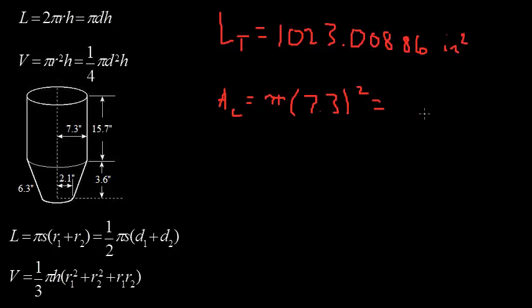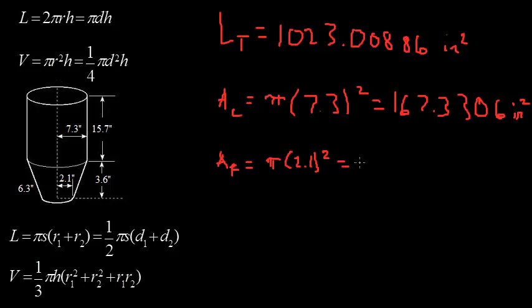Using again 3.14 for pi, we get 167.3306. And again, this is inches squared. The area of that bottom base then, the area of the frustum, is also pi times radius squared, this time at 2.1 squared. Again, using 3.14 for pi, we get 13.8474 and inches squared for our units.